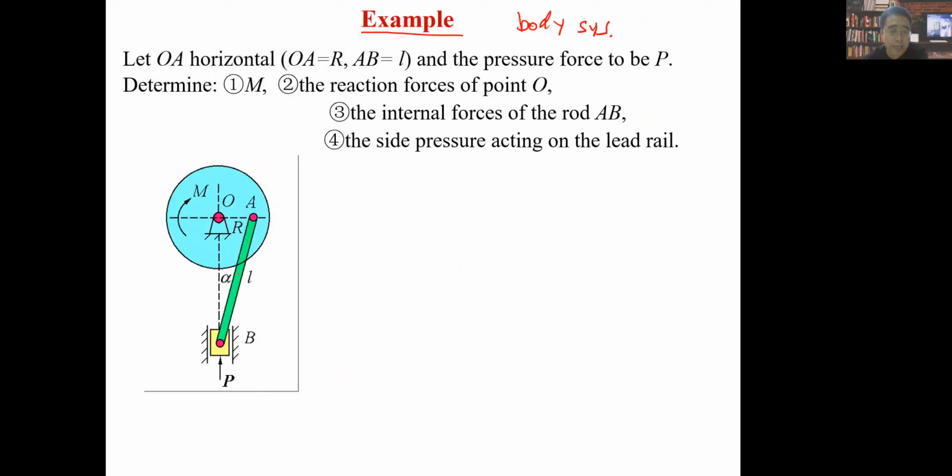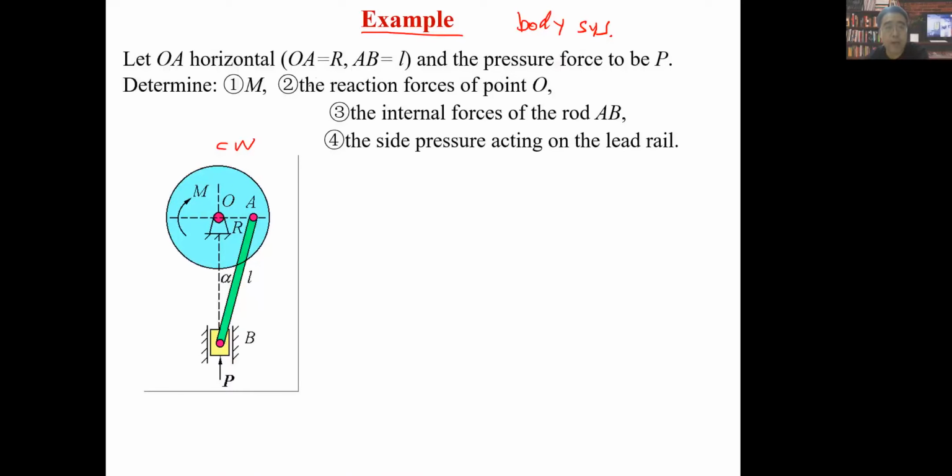So you guys can focus on this figure. OA is two points on this wheel. As a circular wheel, it can rotate around the point O, because of the direction of this moment M, it rotates in the CW direction, right?